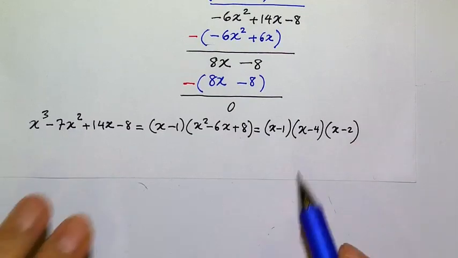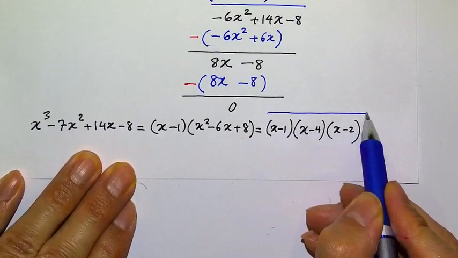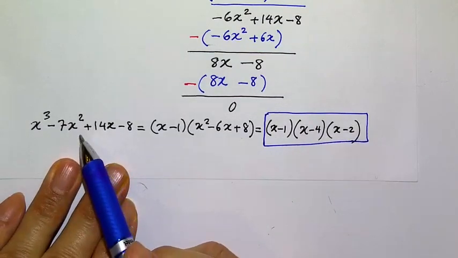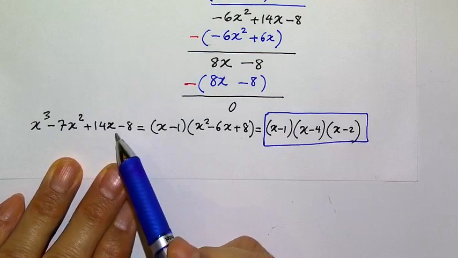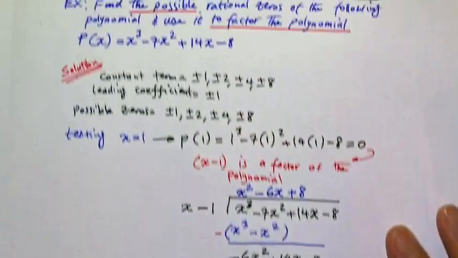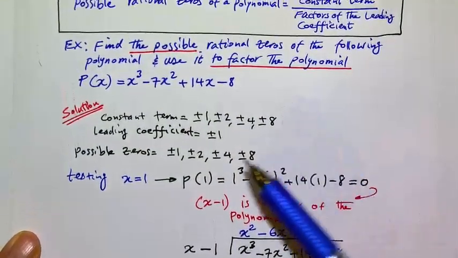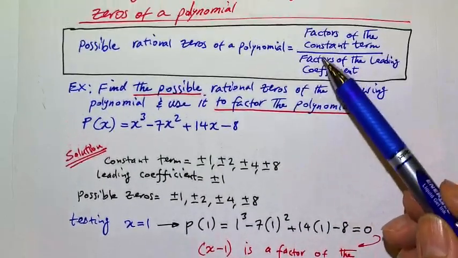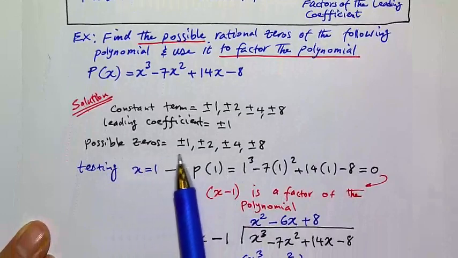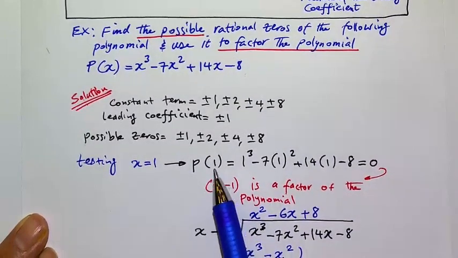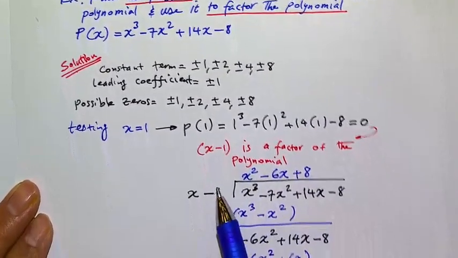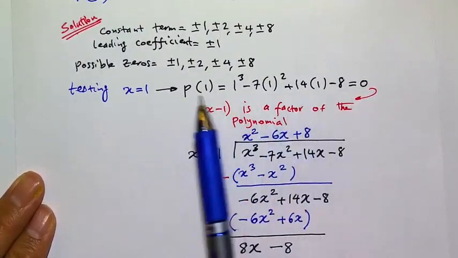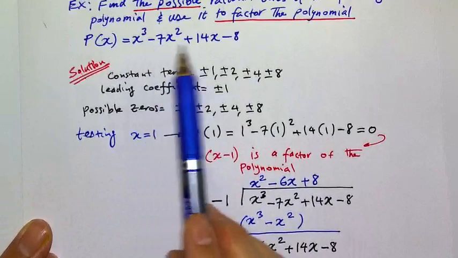So this is the complete factorization of the original polynomial we had. Notice how we started. We started by finding the possible zeros using this formula, right? Using this formula, we found the possible zeros. We tested one, and it turned out to be, fortunately, a zero, or a root, of that polynomial.